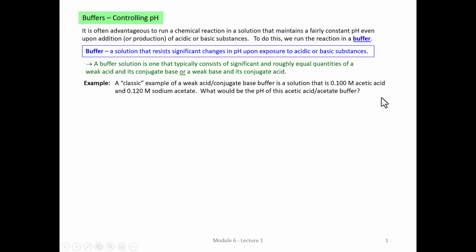So our job here is to calculate the pH of this buffer. It's always a good idea to write down a relevant equilibrium. Here it would be acetic acid and water in equilibrium with hydronium ion and acetate. And we remind ourselves that the Ka of acetic acid is 1.8 times 10 to the minus 5.